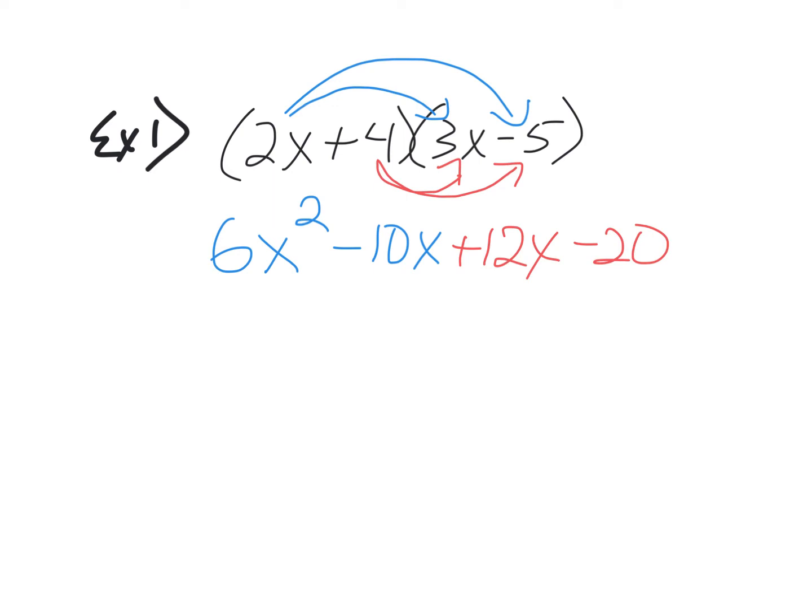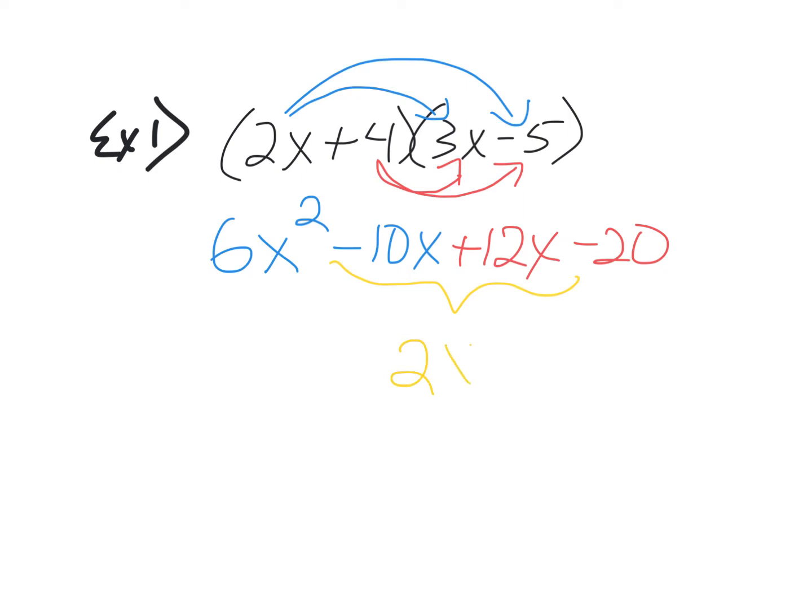All right. Well, now you see that you have these 4 terms, but these two terms in the middle, this minus 10x and plus 12x, these are like terms because it's the same variable and the same exponent of 1. So we can just combine these like terms. Negative 10x plus 12x gives us a positive 2x.